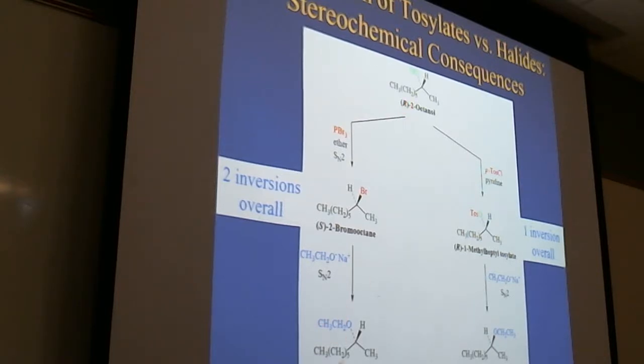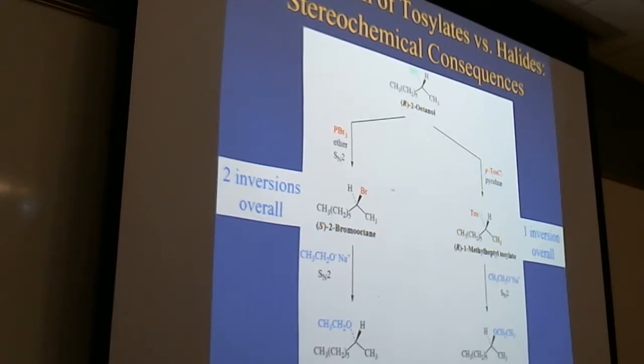If I want retention of configuration, I'm going to do two SN2 reactions. That involves converting this into the bromide. That is my first SN2 reaction. And then doing a second SN2 reaction where I come with a strong nucleophile, kick out the bromine from the back, and now go from R to S and from S back to R. Okay?